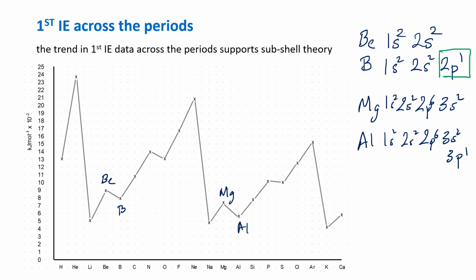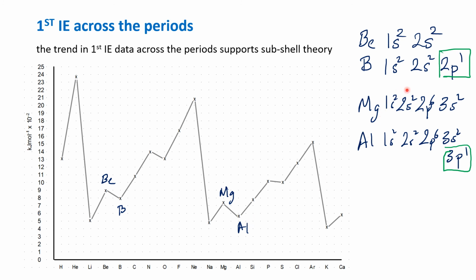Again, the highest energy electron in the aluminium configuration is in a higher energy subshell. So these minor peaks support the idea that beryllium is more stable than boron. The electron configuration of beryllium is more stable than that of boron, and that's repeated for magnesium compared to aluminium.